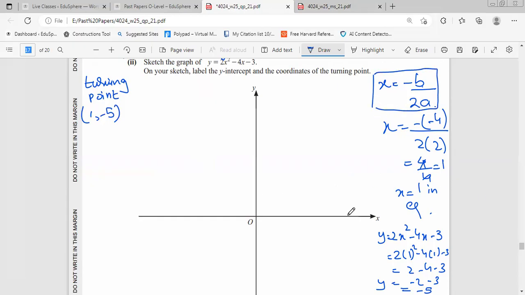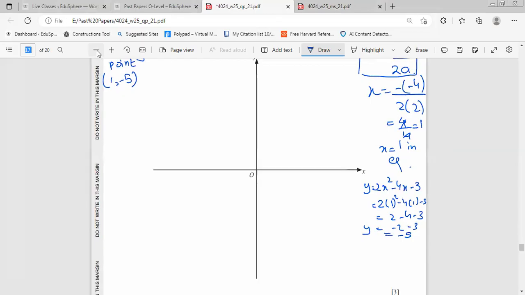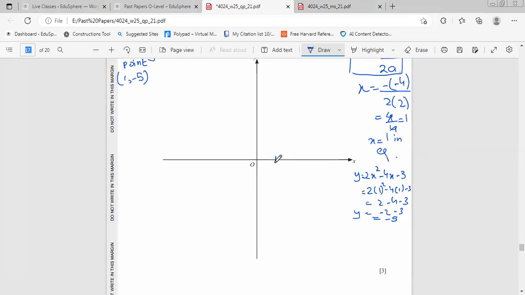Now, 1 comma minus 5 means that first we have to see where the value of 1 will lie. This is the positive 1, and minus 5 will be almost here. So this is the point 1 comma minus 5.